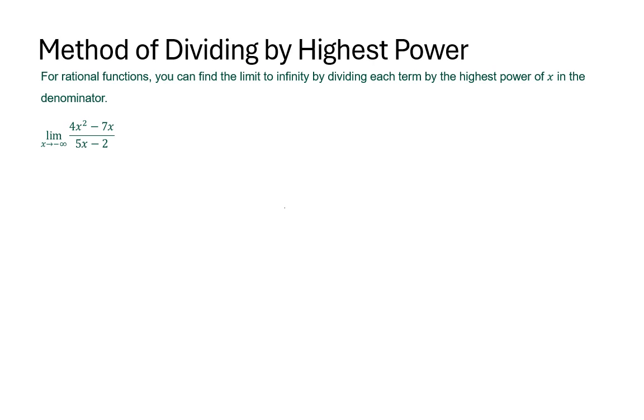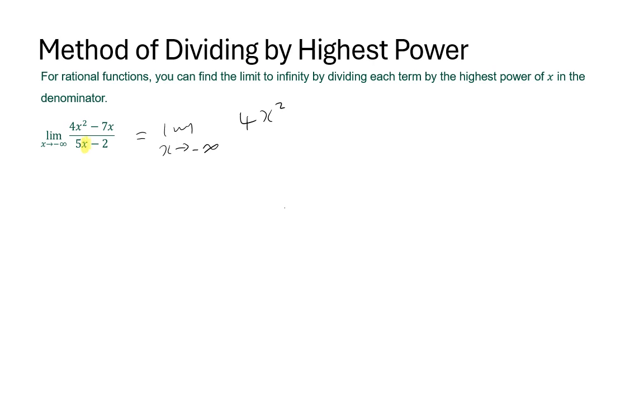In this example, we use a similar method by dividing by the highest power. This example is the limit as x tends to minus infinity. We'll have 4x squared. Look at the highest power in the denominator, which is x, so we divide everything by x.